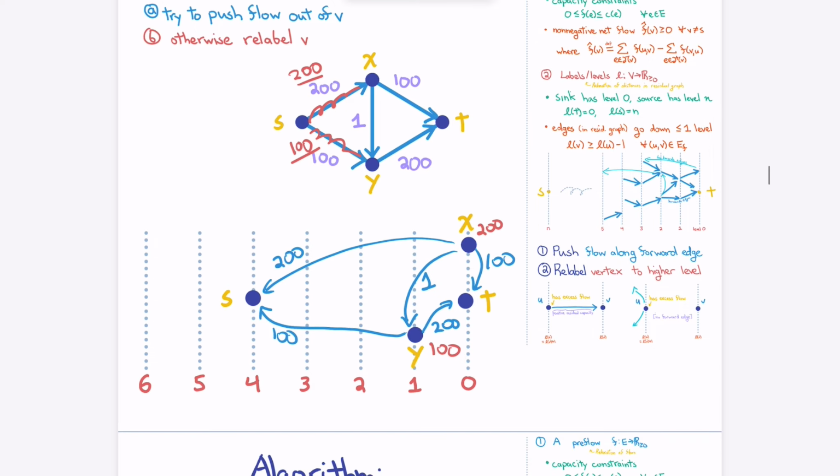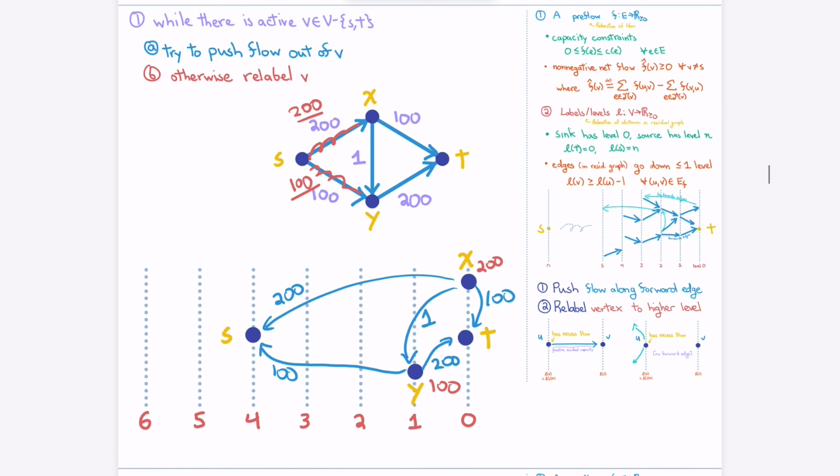Sure, we'll pick Y, and you either find a forward edge and push, or you relabel it. Okay, forward edge. There's a forward edge from Y to T, and how much flow do we push? We'll push 100.